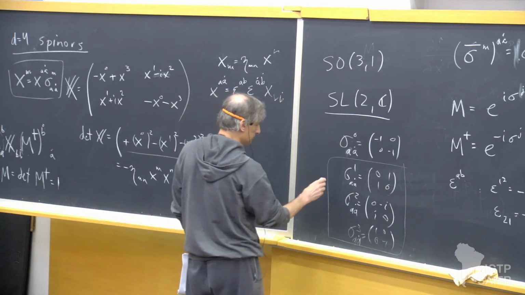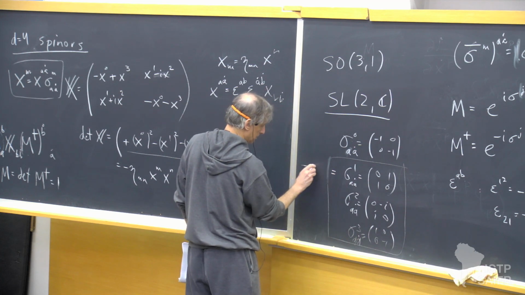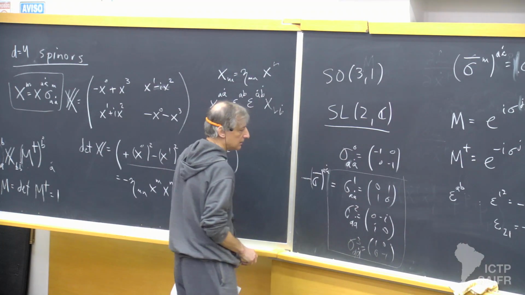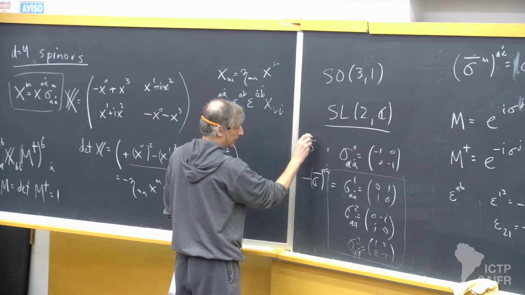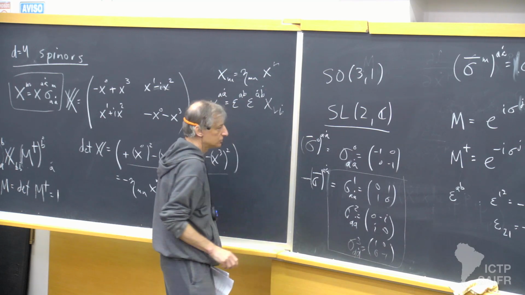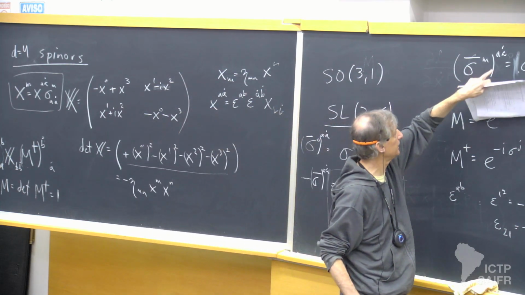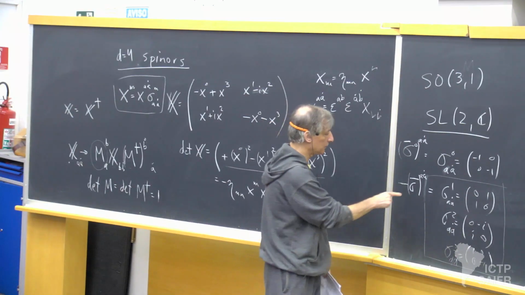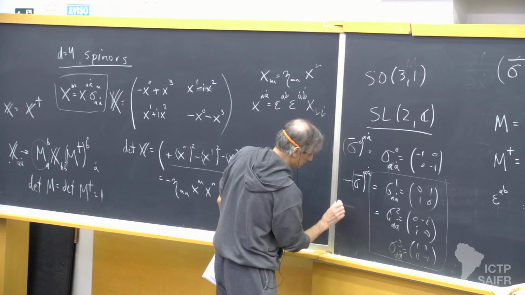So this turns out to be equal to minus sigma bar^{i a dot a}, and this is equal to plus sigma bar^{0 a dot a}. So if you compute this matrix for m equals 0, you turn out to get the same thing as before, whereas if you compute these, you turn out to get the minus sign.